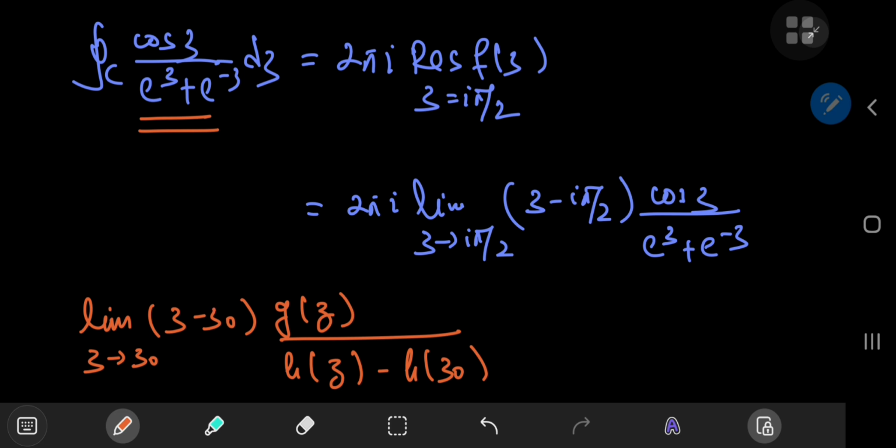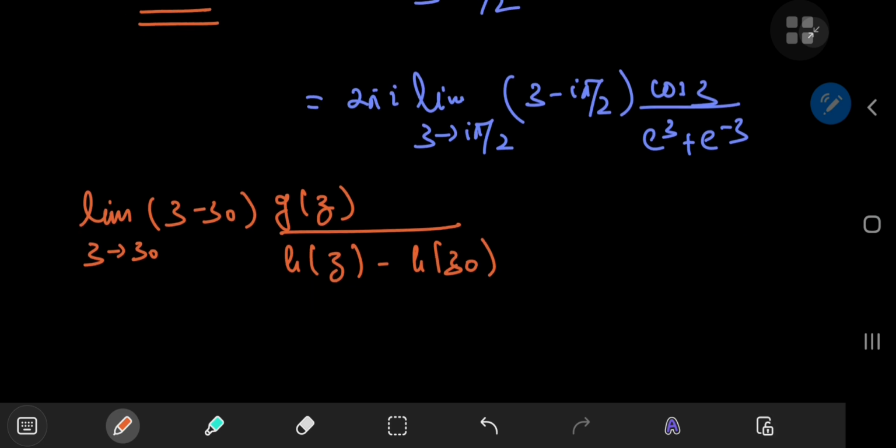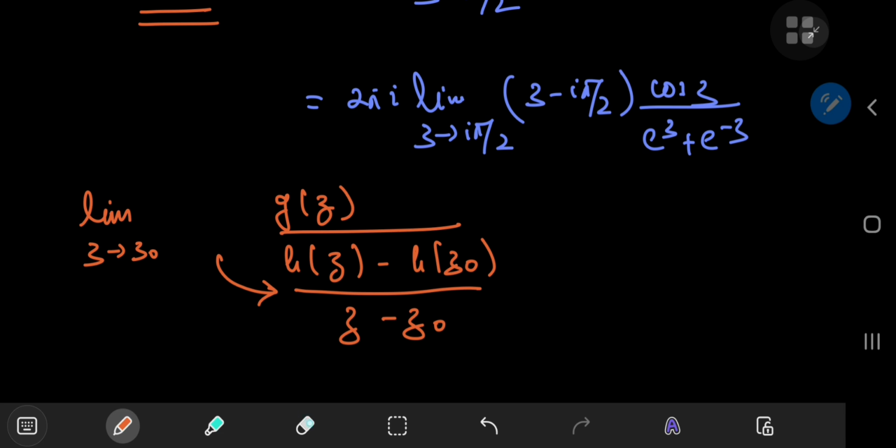Forgive my handwriting. Anyway, so we remembered we subtracted a 0, and the 0 was actually just h of z naught. And we can do something even better. We can transfer this as part of the denominator of our rational function. So we have z minus z naught down here.